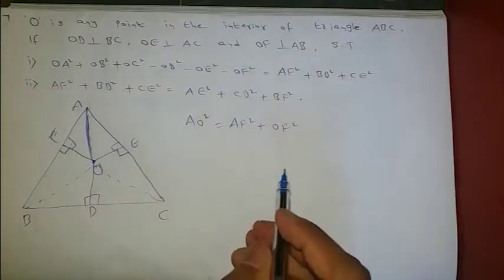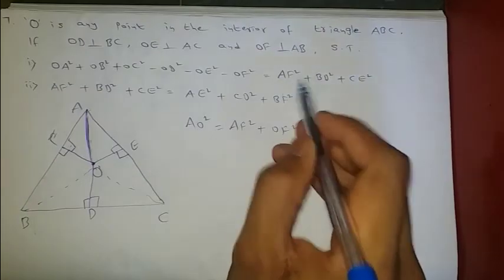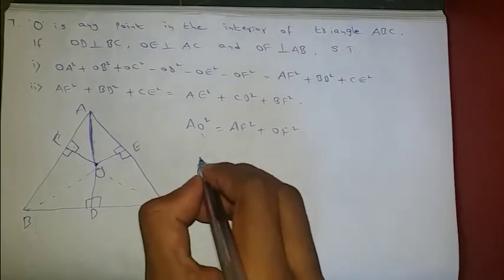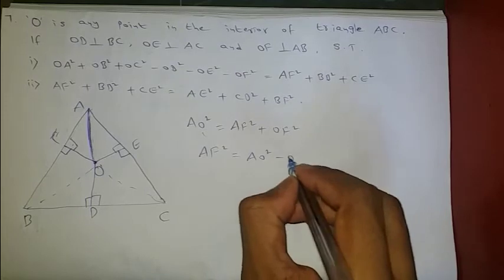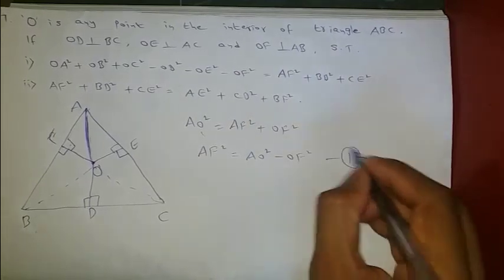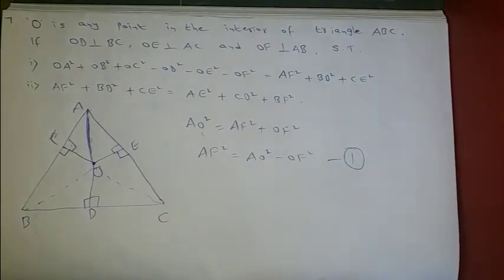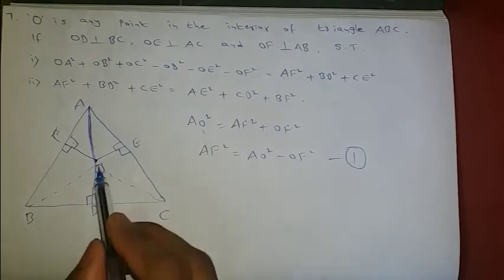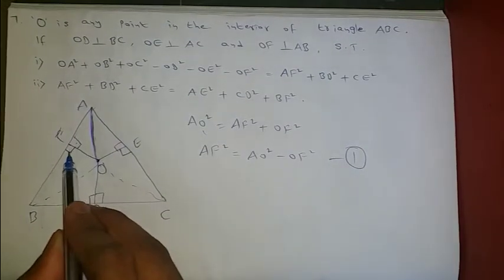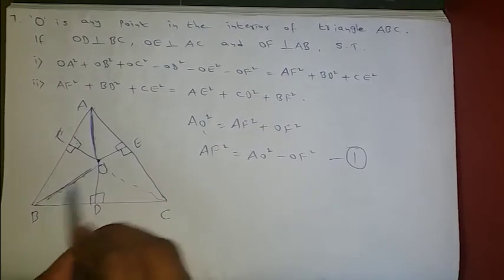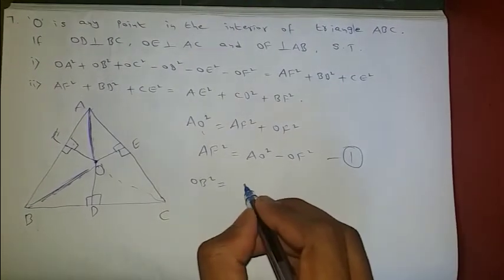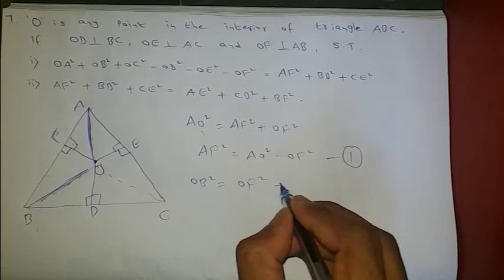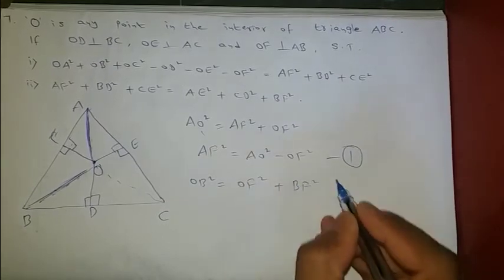Now from this I want AF square. So OF square I will take this side. So AF square is equals to AO square minus OF square. This is equation 1. Next, OB square I want. So again same here also, this is right angle. So this OB will become the hypotenuse. So OB square is equals to OF square plus BF square.